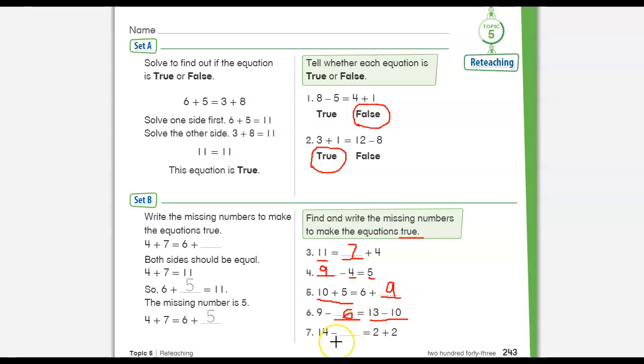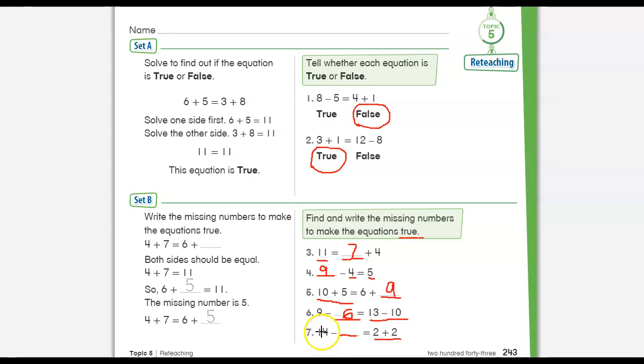And we have one more. We have number 7. We have 14 minus blank equals 2 plus 2. So we had to solve first for 2 plus 2. 2 plus 2 is 4. So we needed to make sure whatever we're subtracting here would give us the answer of 4.